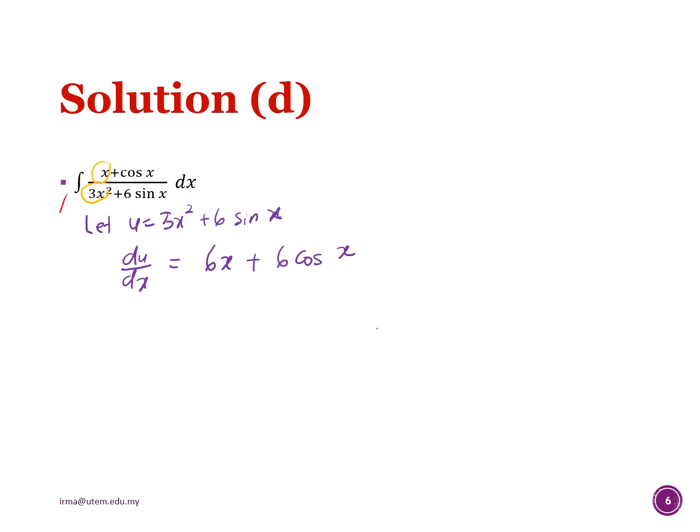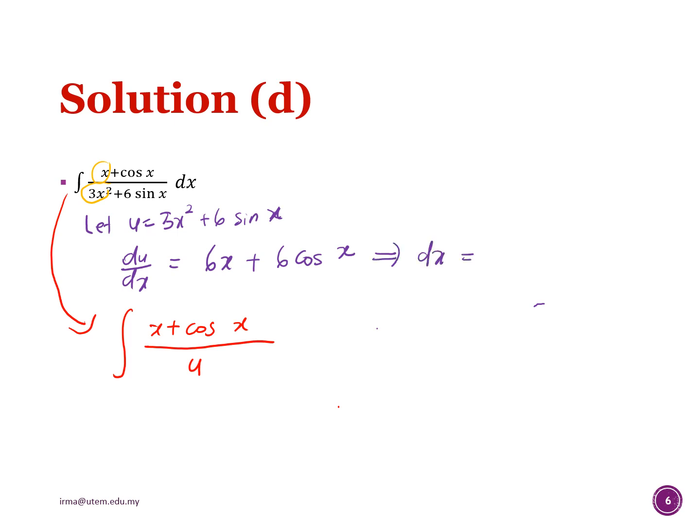Now we will substitute this. x plus cos x we maintain, and 3x squared plus 6 sine x we have left as u. Sorry, I haven't written the dx here.